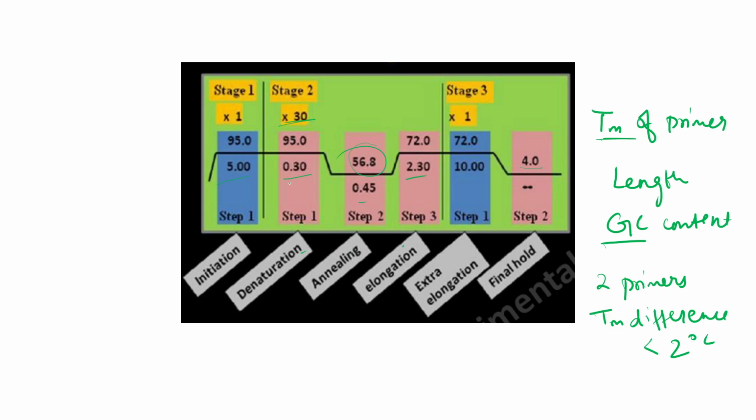One cycle will be approximately 3 minutes 45 seconds, multiplied by 30, so this whole process will take around 1 to 2 hours. I don't want to stay in the lab for 1 to 2 hours, so I can just set up my reaction and leave it in the instrument.